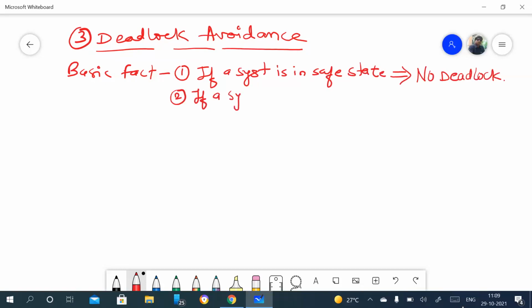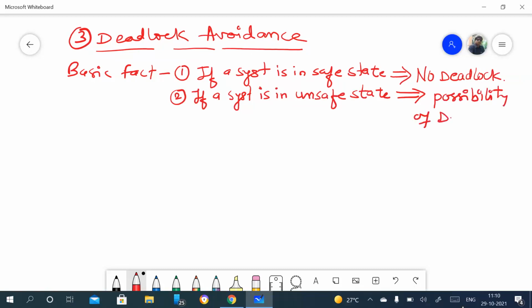If a system is in an unsafe state, then we can say there is a possibility of deadlock. So if the system is in an unsafe state, the possibility of deadlock is there.